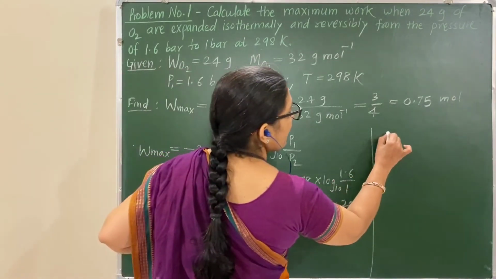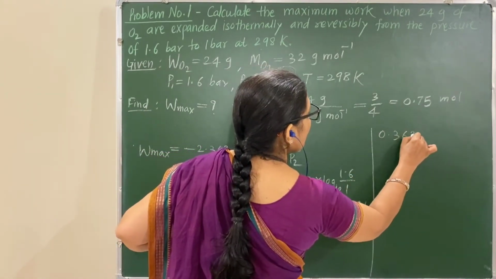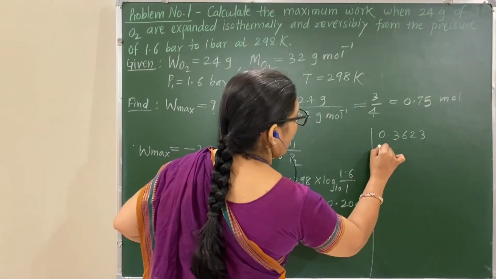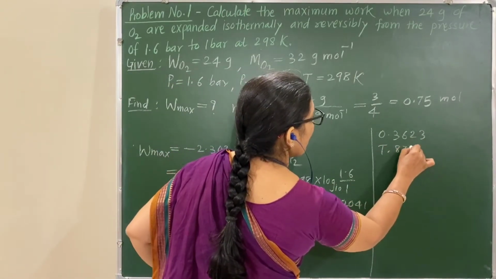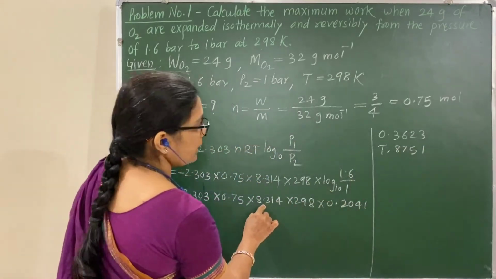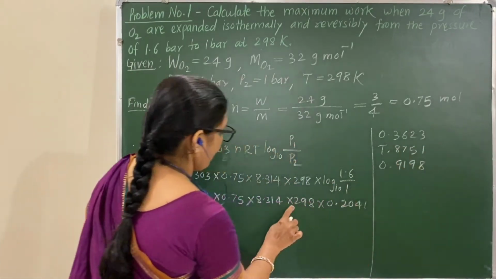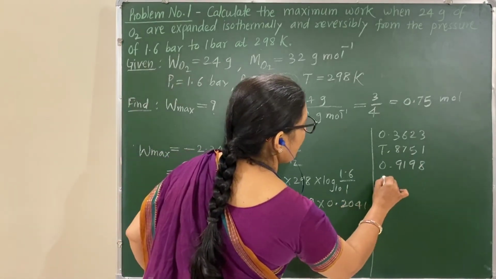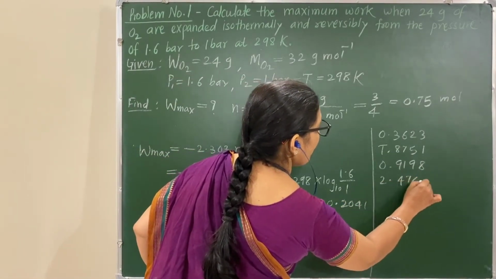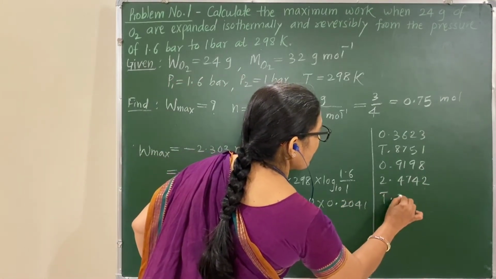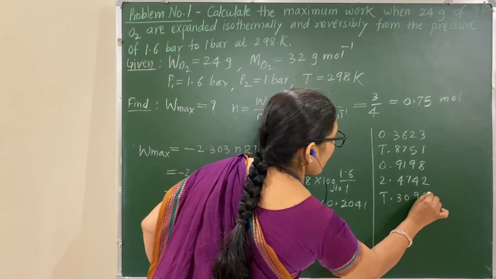Log of this is 0.3623. Then log of this is bar 1.8751. Then this one 0.9198. 298, that is 2.4742. And for this it is bar 1.3098.